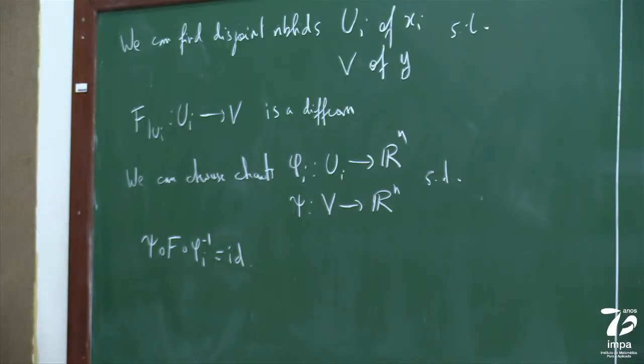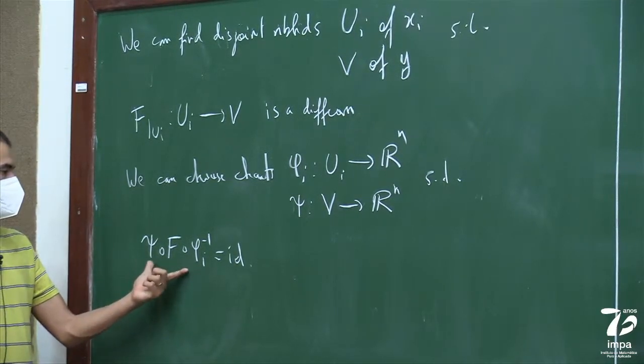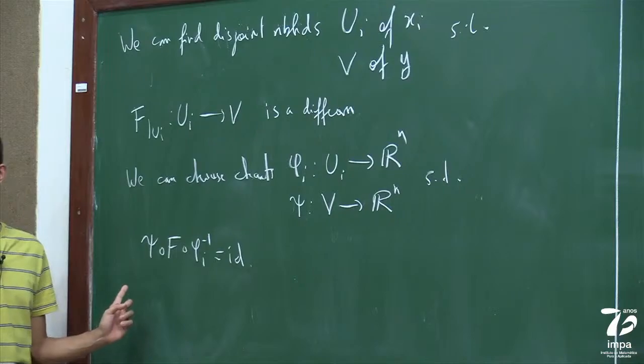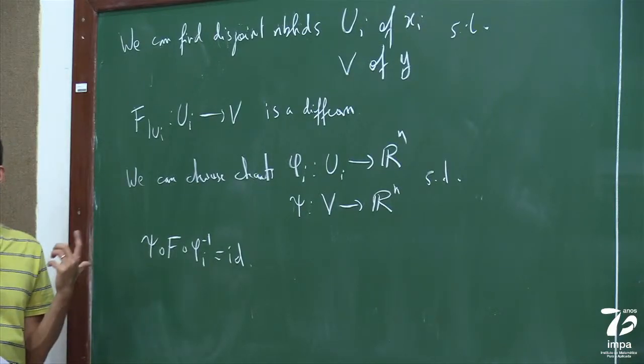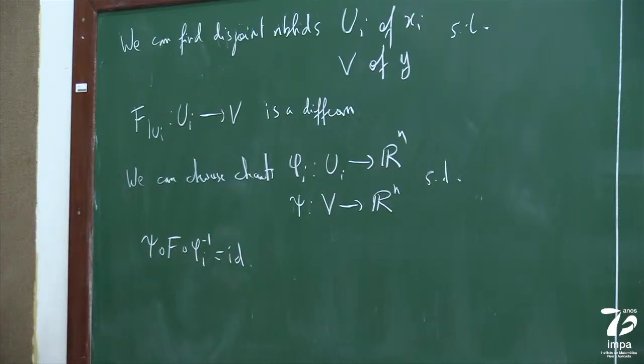Once you know it's a diffeomorphism, you get a diffeomorphism of Rn, so you can compose with its inverse and get the identity. The only thing is that now these maps might not be orientation preserving.